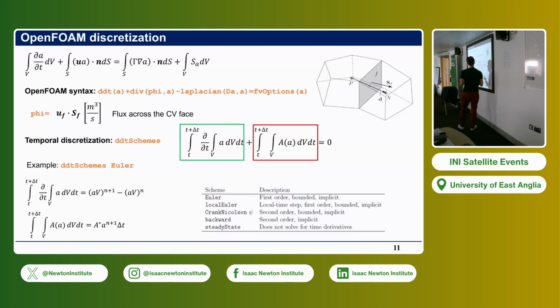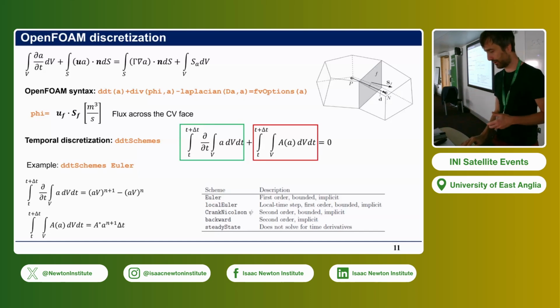We will see that somewhere in OpenFOAM we have the chance to choose ddt schemes, and OpenFOAM just uses very standard temporal schemes that are first order implicit, first order explicit, second order Crank-Nicolson. But you can choose them by giving the right name in your case setup folder. I'm not going to go more into the details of this part. We will see the details later when we open a tutorial file.